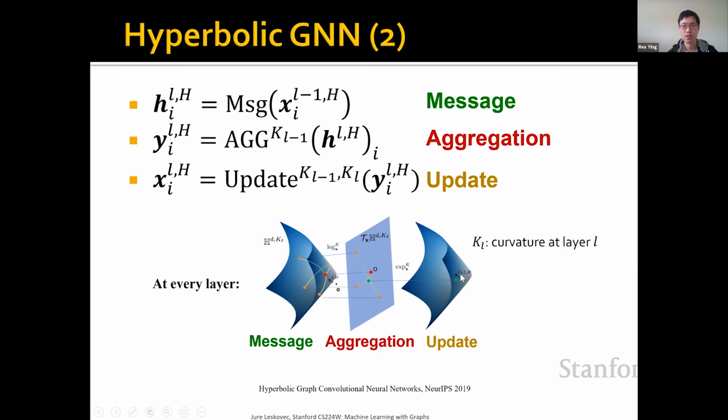You notice that here it is layer L+1, and in the previous layer, it is layer L. So this is a completely different hyperbolic space with a different curvature, but we can use the exponential and logarithm map to map the aggregated results back to the hyperbolic points in the new embedding space, with a different curvature.